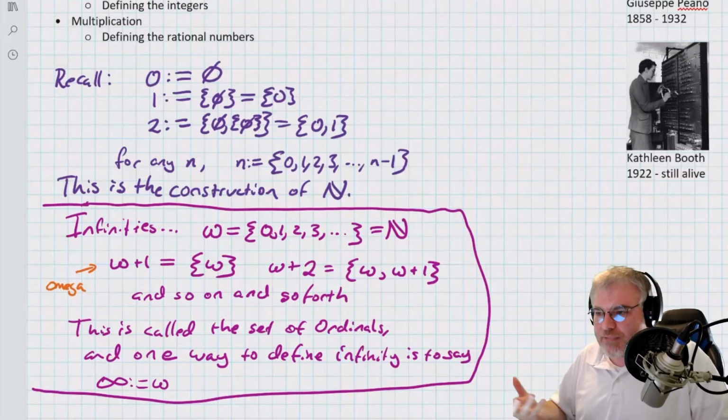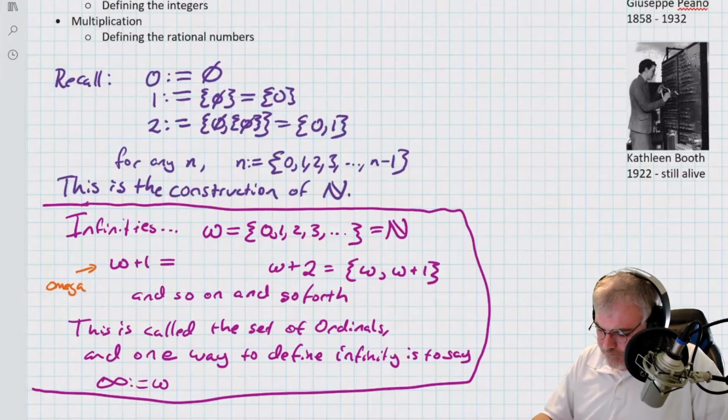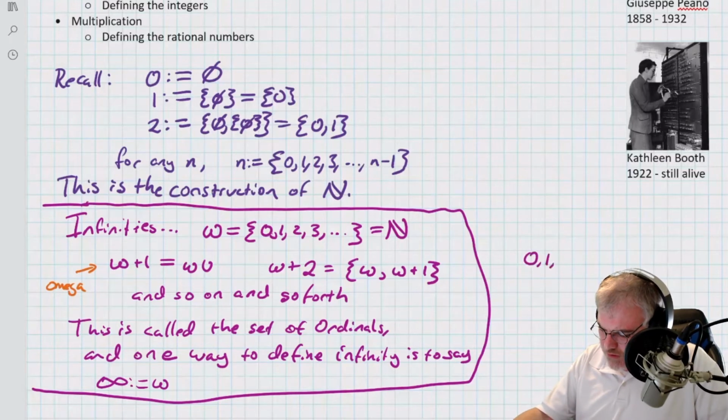Okay, well then omega plus 1 is the set containing the set of natural numbers, and it's not omega. It should be noted that it's omega union the set containing omega. What I want is 0, 1, 2, ... and then at the end of the ... I want something called omega.